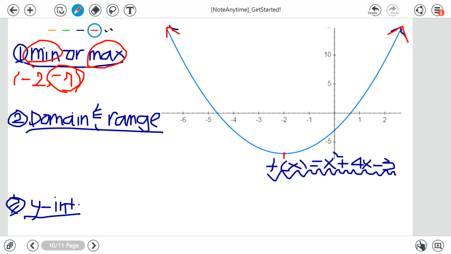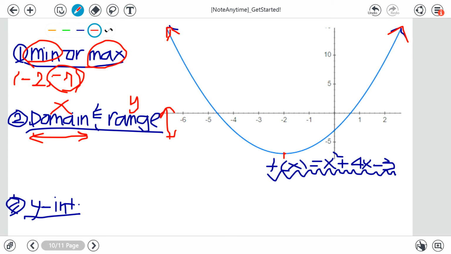Now let's look at domain and range. Domain, remember, means x, how wide the graph goes, and range means your y, how tall your graph is going to get. Now let's look at this graph.